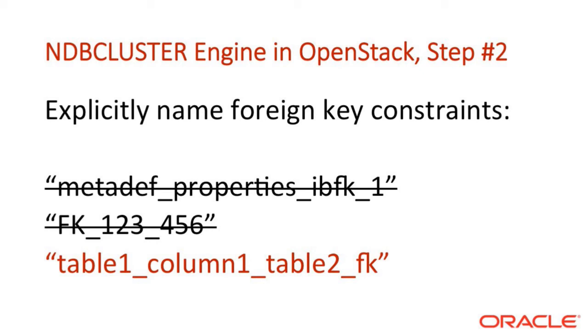If you don't explicitly name your foreign key, in InnoDB or any other engine, they'll give it some strange name their own way. For example, in InnoDB there will be something like metadef_properties, whatever, _ibfk_1, and in NDB cluster it would be foreign key 1, 2, 3, 4, 5, 6, and whatnot.